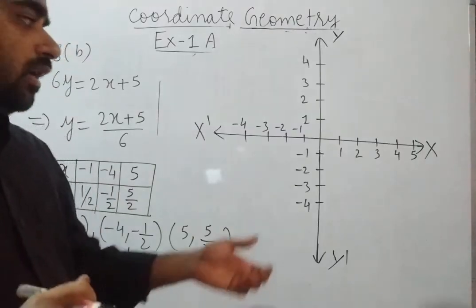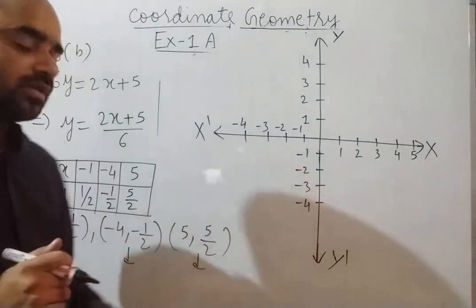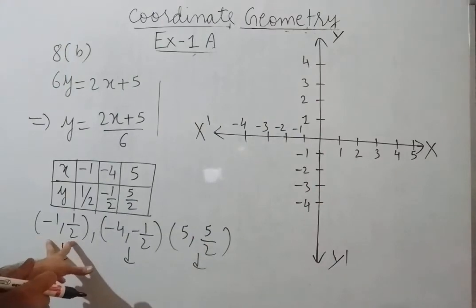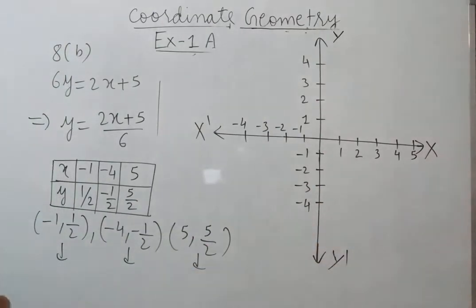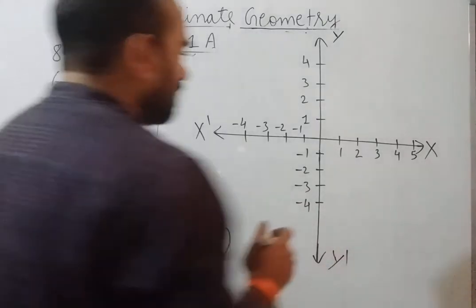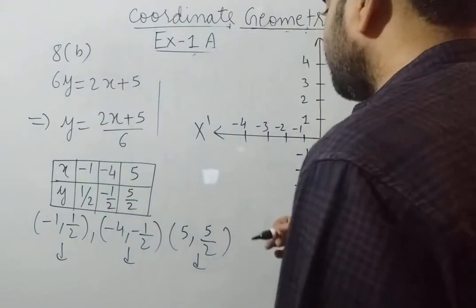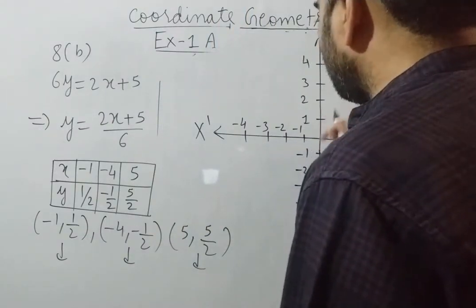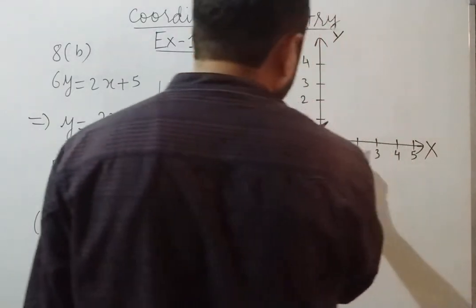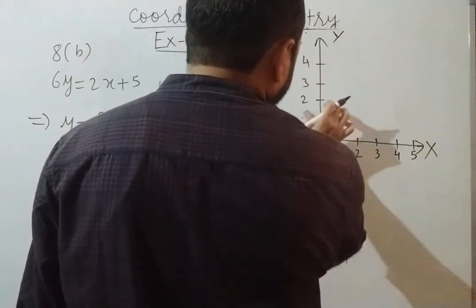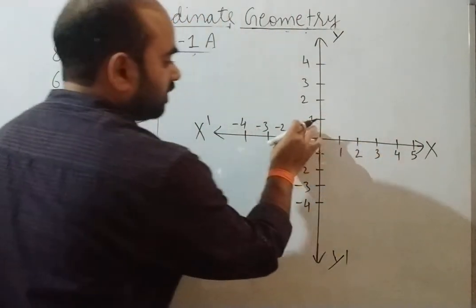So this is the xy plane, we have to plot the points. First one is minus 1 comma 1 by 2. Minus 1 comma 1 by 2 means the x value is minus 1, and 1 by 2 means between 0 and 1. So this will give the point here.